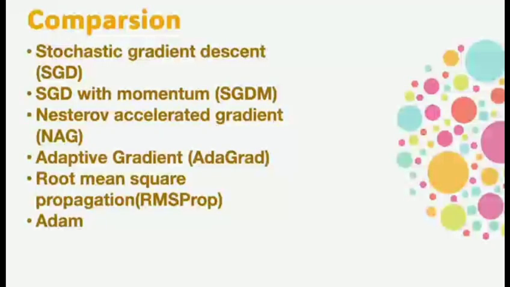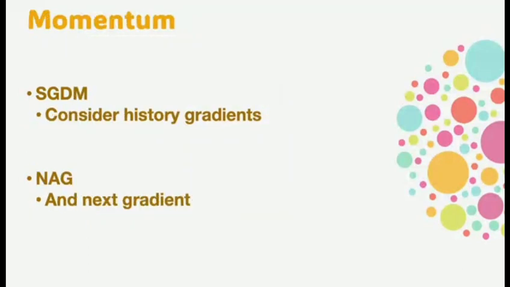I'm going to compare different optimization algorithms and discuss how they were developed. So the first algorithm is stochastic gradient descent. It simply updates the parameters using a fixed learning rate and the gradient from the current position. So it doesn't have much flexibility. One improvement was using momentum.